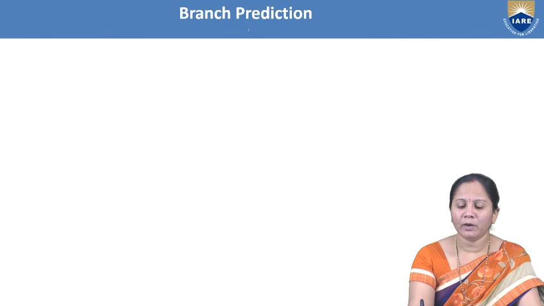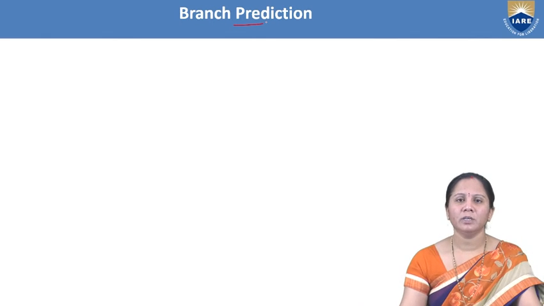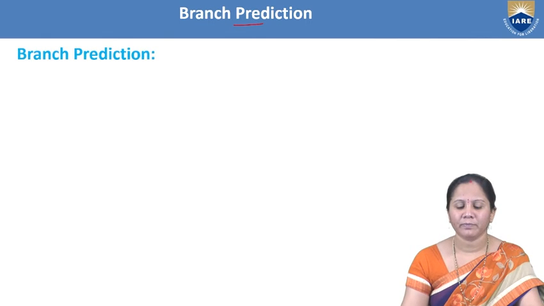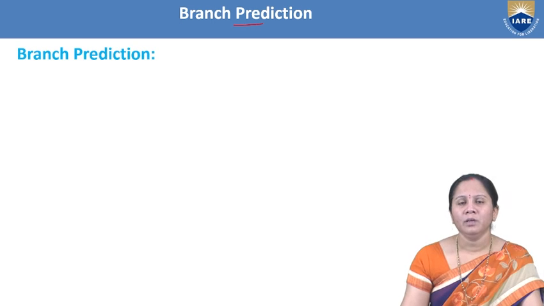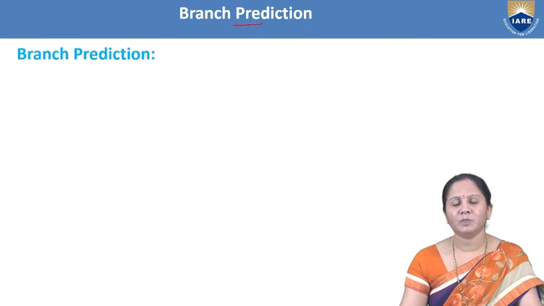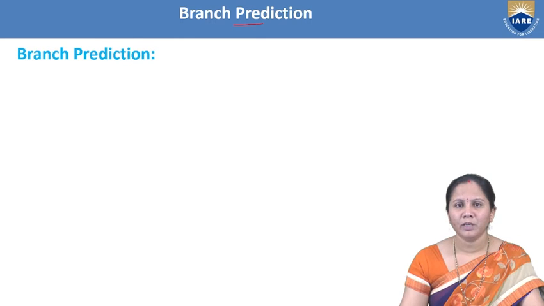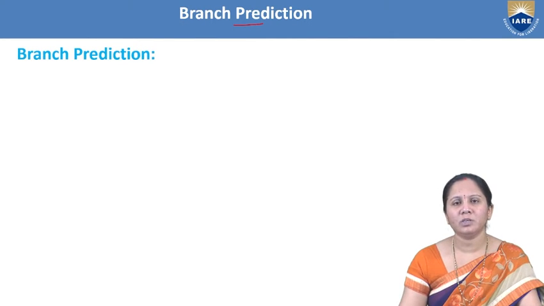Now we have to discuss branch prediction. What is the main purpose of the branch prediction technique? When we write an assembly language program with normal instructions, executed in the pipeline mechanism, problems will not arise.